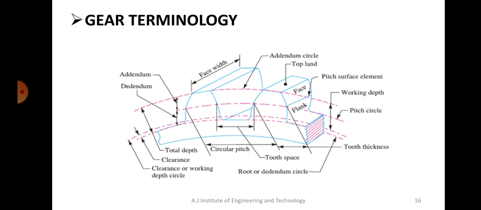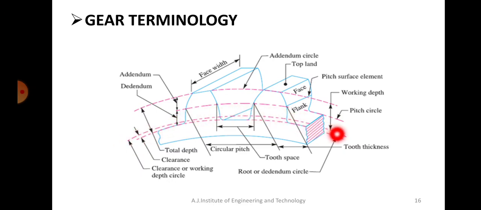Then you can see another circle there, just above the dedendum circle. That is called the clearance circle or working depth circle. You see, this is the dedendum circle, and there is one more circle just above that.